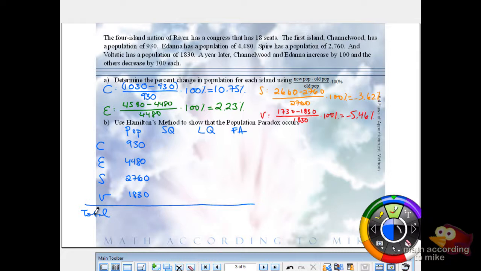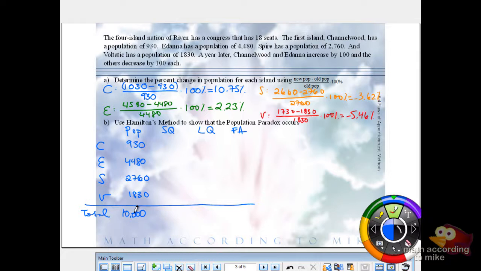What's the total population? $10,000. How convenient. We're all safe. All right, we have a total of 18 seats that we're going to divvy up. So now we're going to take this 10,000 divided by 18.